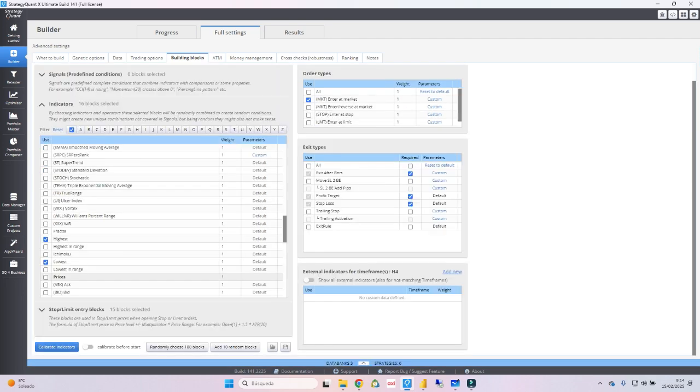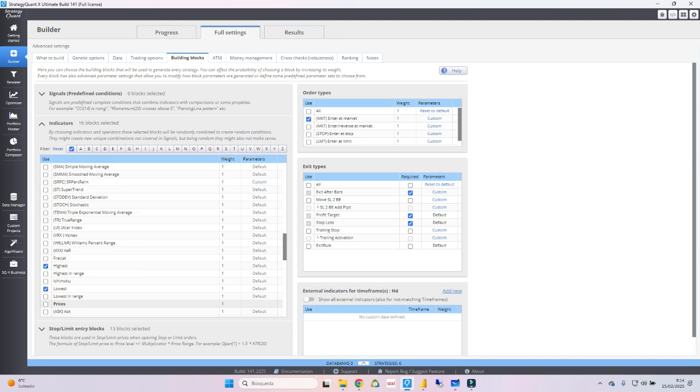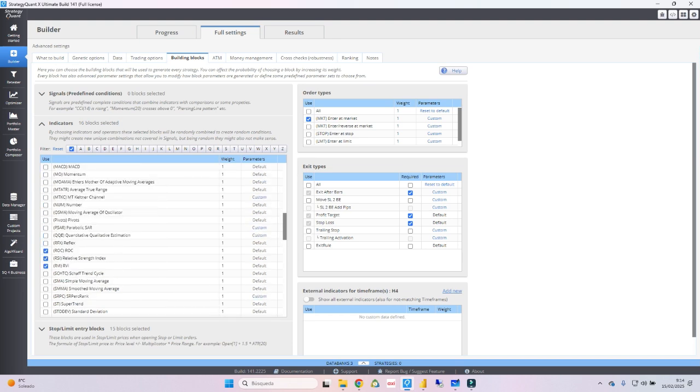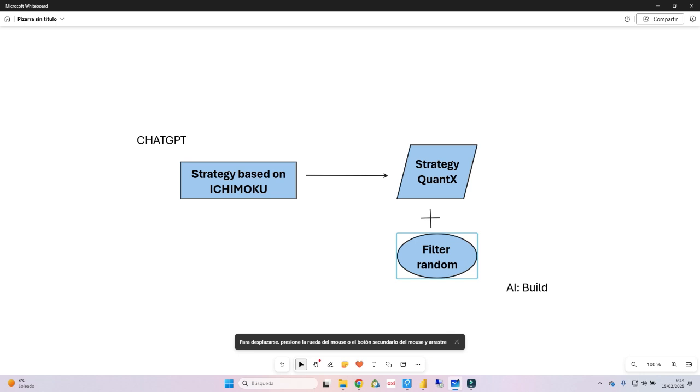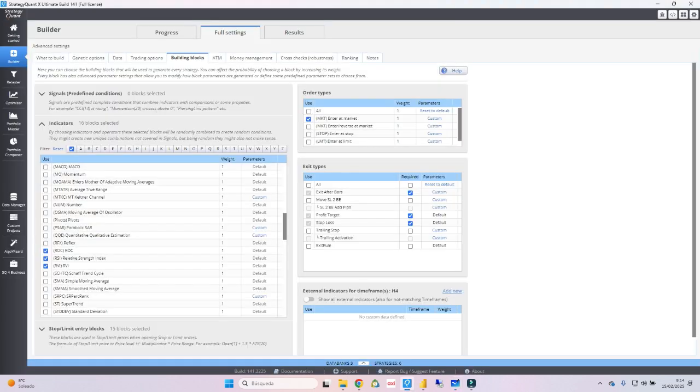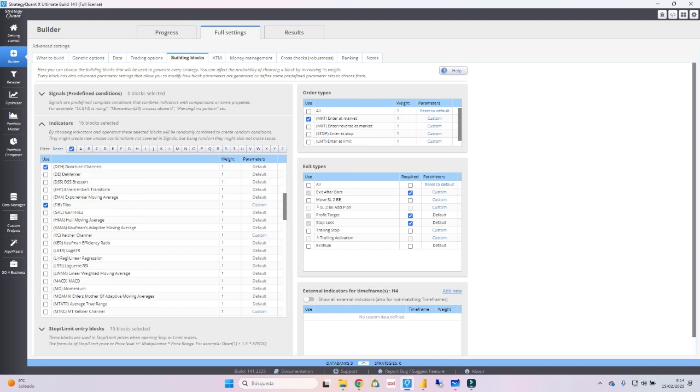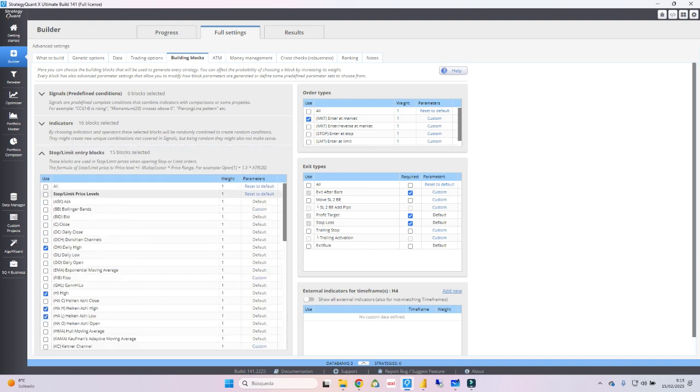We are using stop loss, profit target, and exit bar, and we are going to use all of these indicators because this random condition is going to have randomly some of those indicators that we are checking here, right? This won't be used this time because we are entering at market and not a stop or limit.